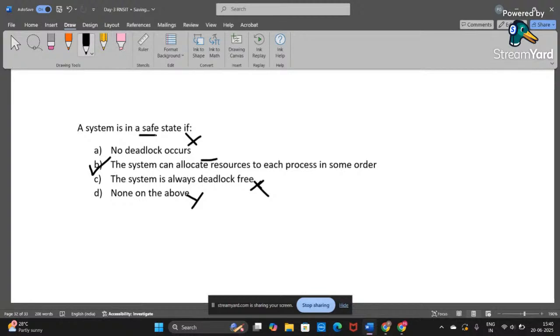So in that case, it will be in a safe state. The system allocates the resources in a way that avoids the deadlock. So then it will be in a safe state. It does not mean the deadlock does not occur. For this, option B is the right answer.